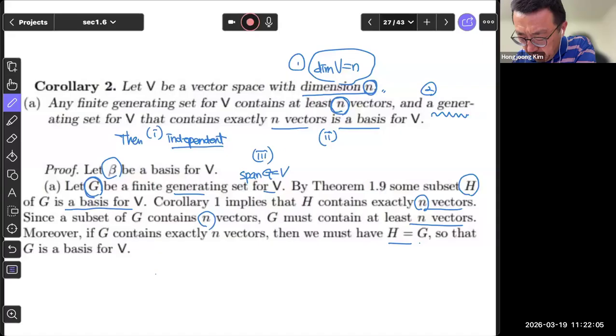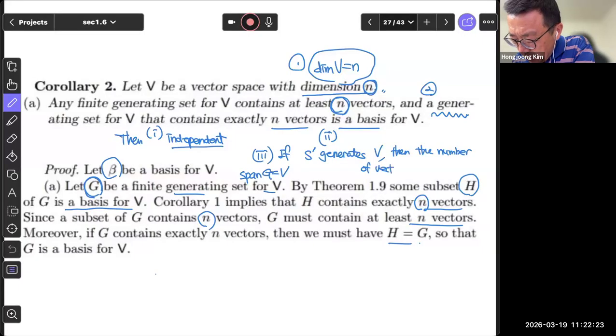If S prime generates V, then the number of vectors in S prime will be greater than or equal to n, right?